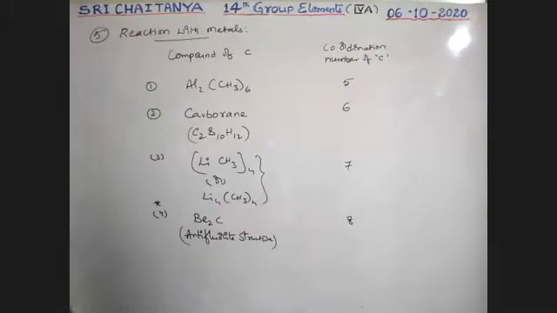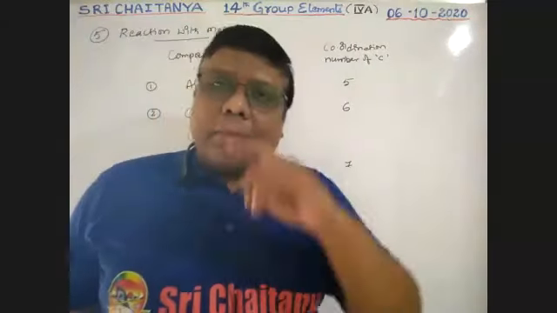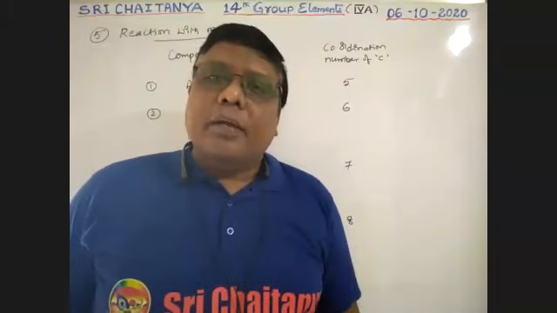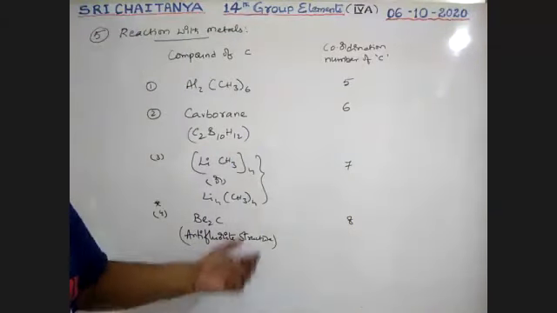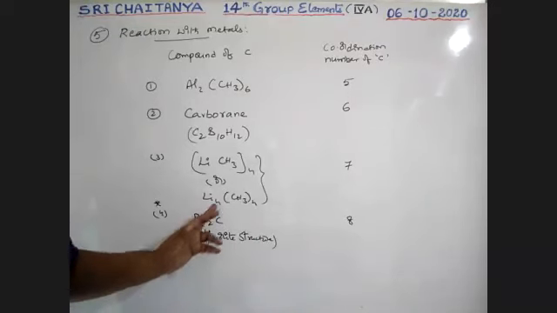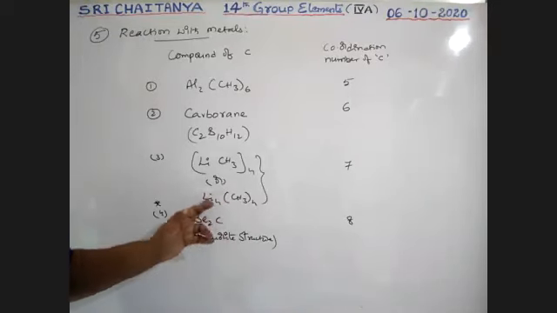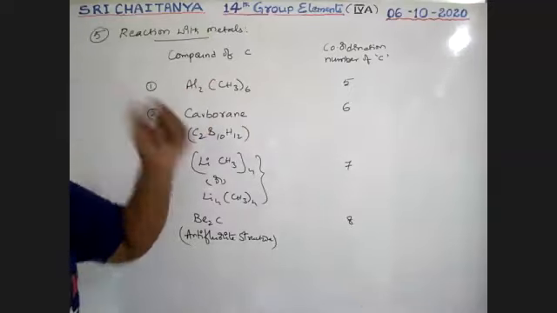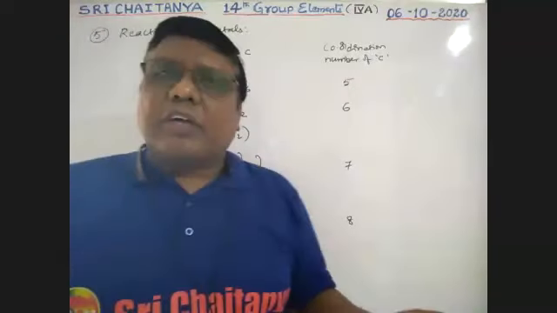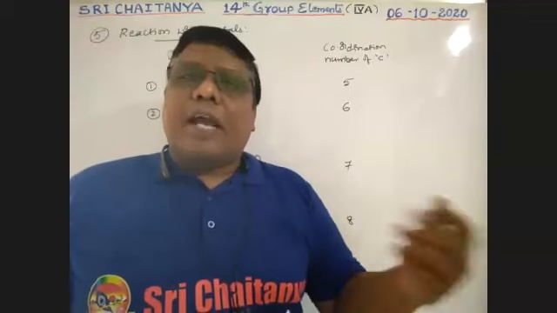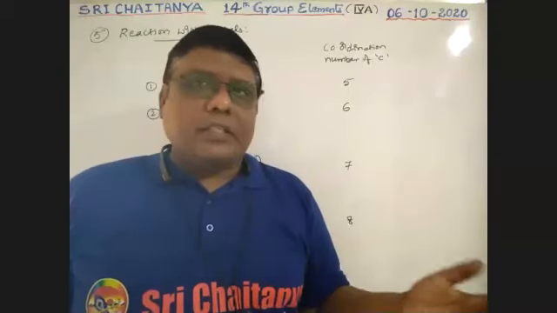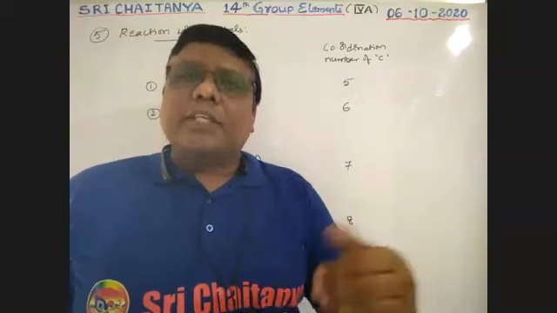So the maximum coordination number of carbon is 8, in Be2C, beryllium carbide. So these are all carbon with metals, and different coordination numbers are possible. The maximum coordination number of carbon in its compounds is 8.